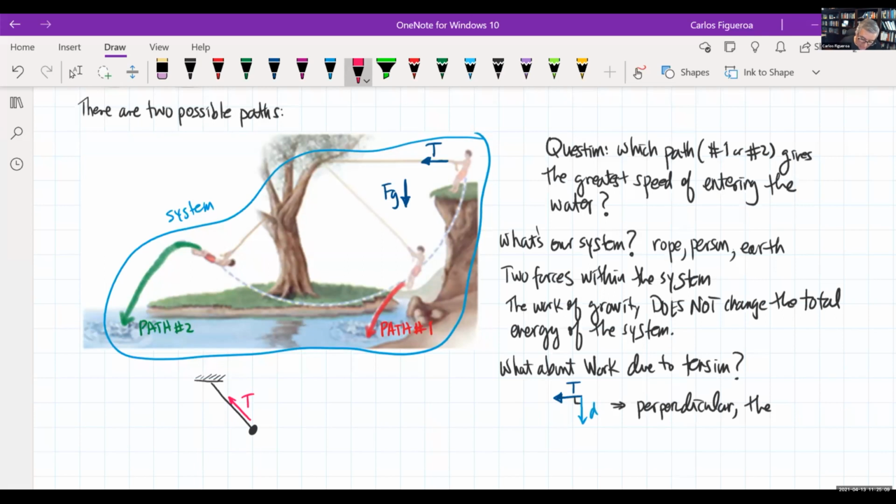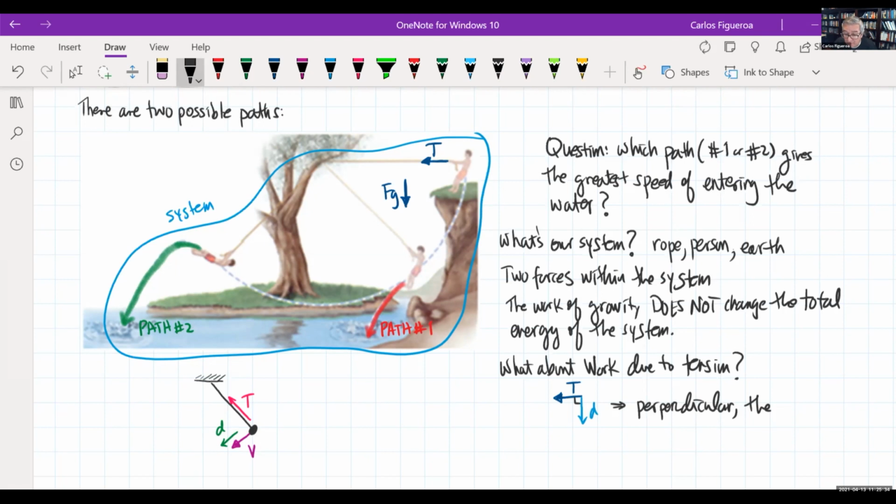When I look at the direction of the velocity, it has to be perpendicular. But if the velocity is perpendicular, then the displacement is also in the direction of the velocity. So therefore, they have to be perpendicular.